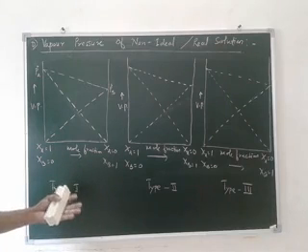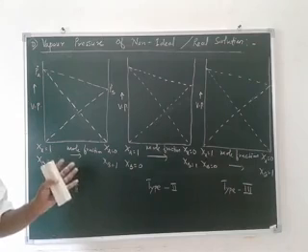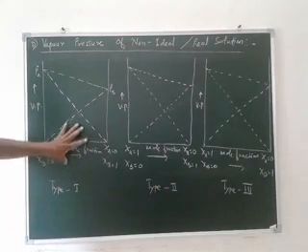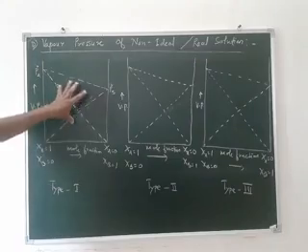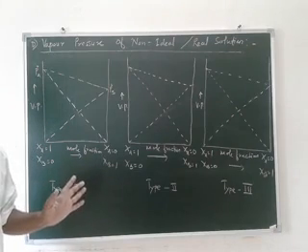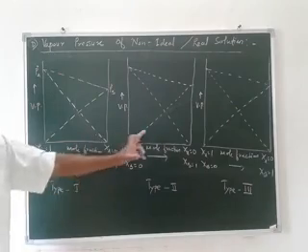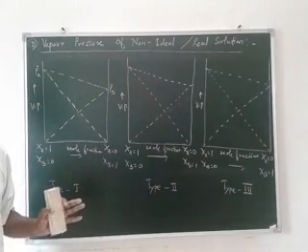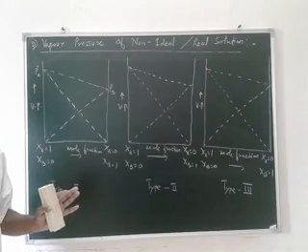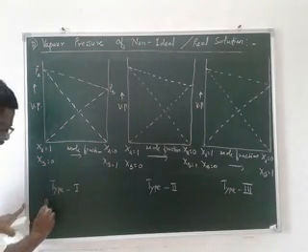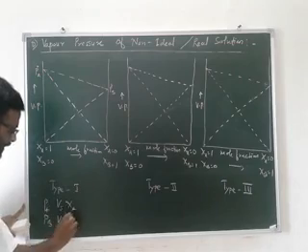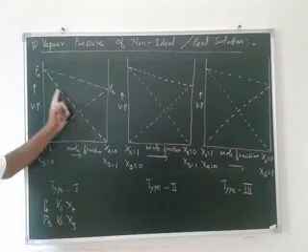We are going to show the graph for non-ideal, that is the curve. I will explain all these points later on. But in this diagram, all these three graphs are the graphical representation for the ideal solution. We know that if you plot the graph PA versus XA as well as PB versus XB, the nature of the graph should be a straight line passing through the origin.